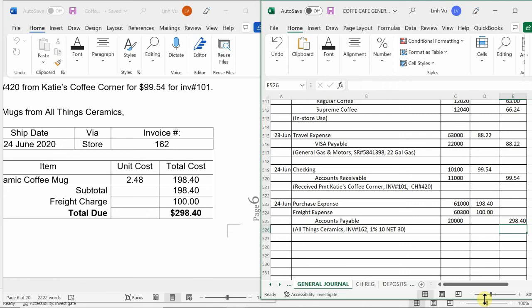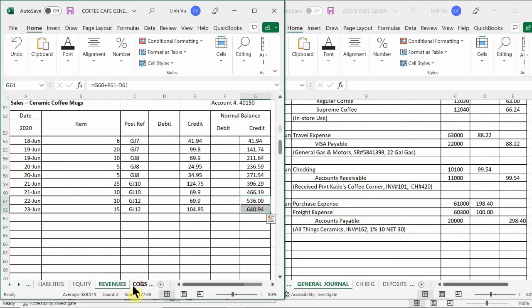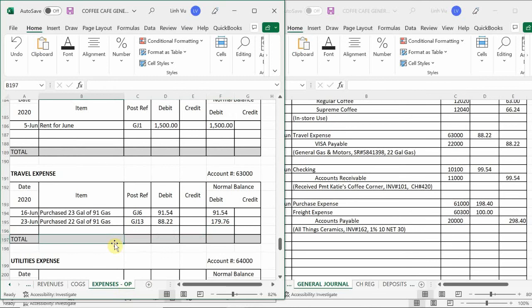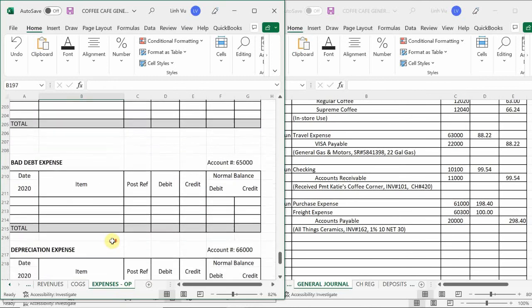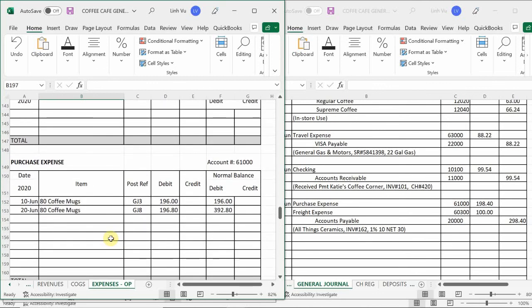Okay, we're going to go to our ledger, starting with the first one, my expenses. How much was it? 198.40.